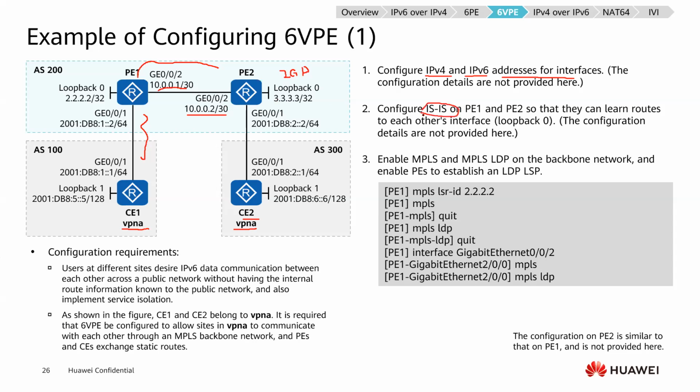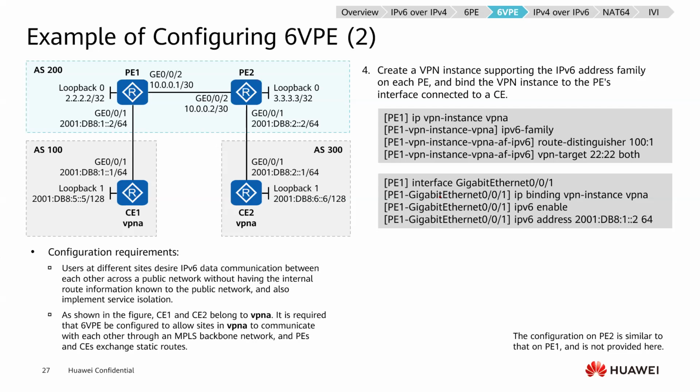We use IS-IS for the communication between the PEs, so you need to configure IS-IS, which is not mentioned here. And then you need to enable MPLS and LDP to establish the IPv4 MPLS.